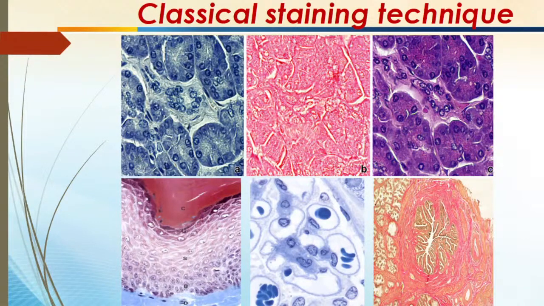It's very good. Now let me introduce to you the classical staining technique. You may find it in many books about slides. That's hematoxylin and eosin. Hematoxylin is represented in the first picture at the upper left corner.